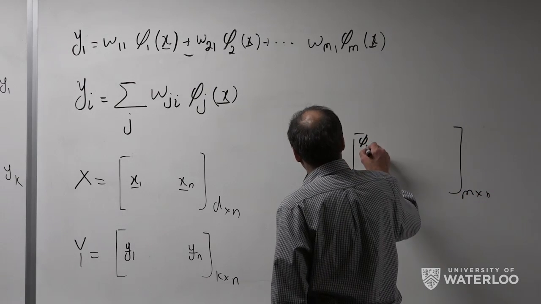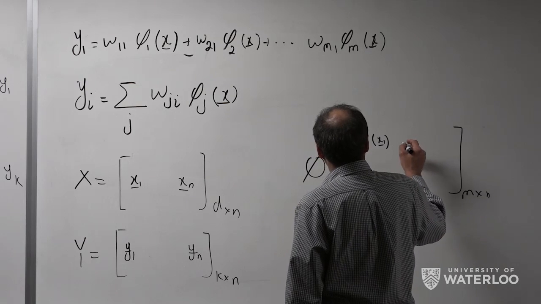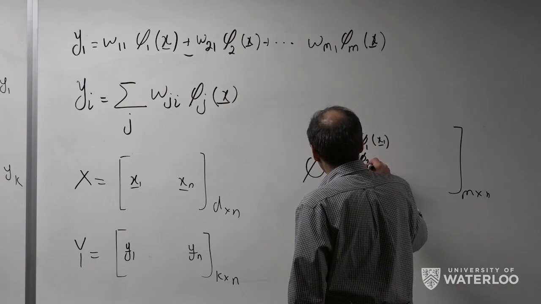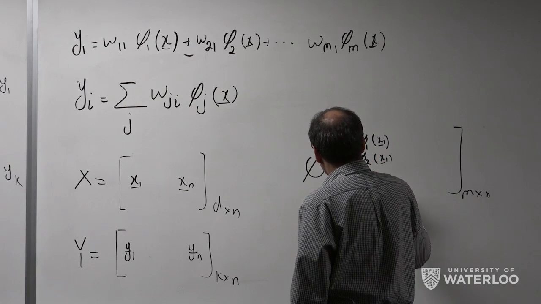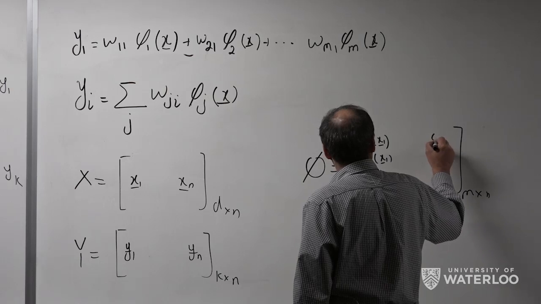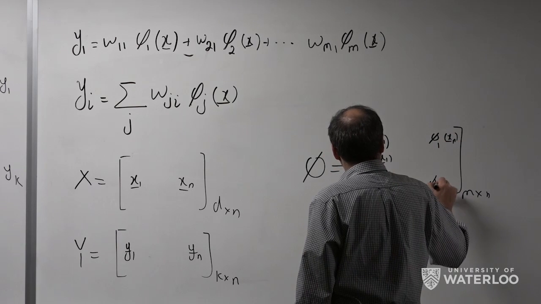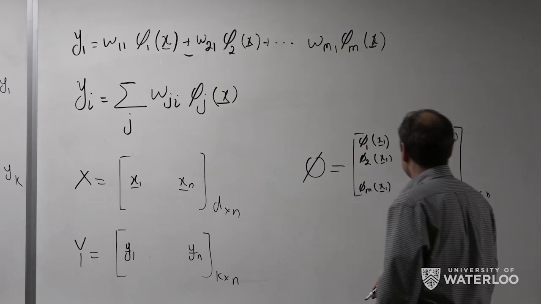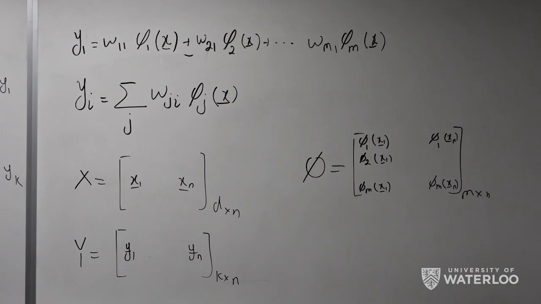This is phi 1 applied to x1, this is phi 2 applied to x1, this is phi m applied to x1, this is phi 1 applied to xn, and this is phi m applied to xn. So it's an m by n matrix.